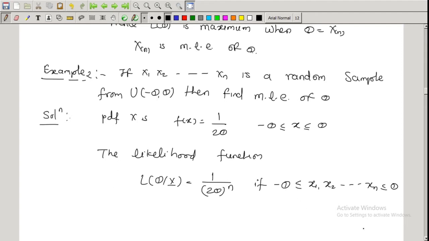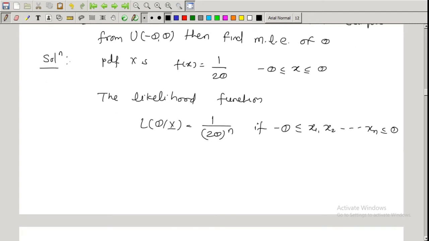So L of theta is maximum for the smallest value of theta subject to condition.